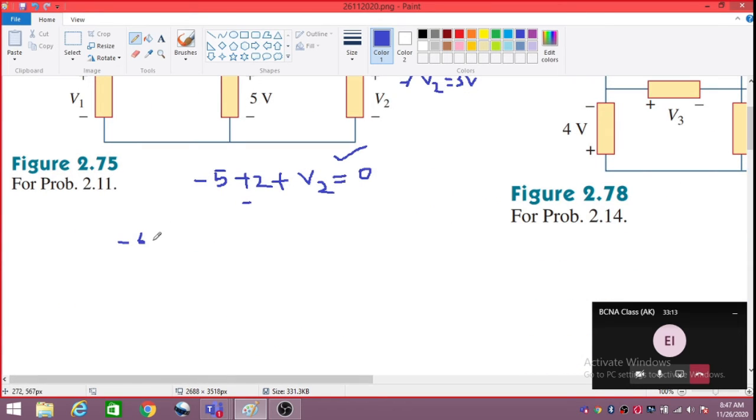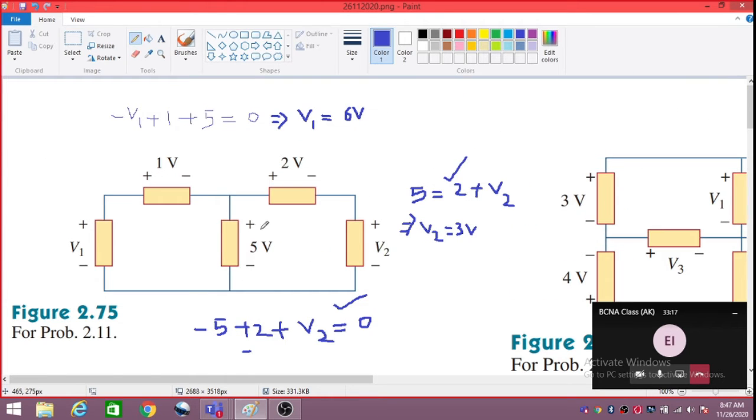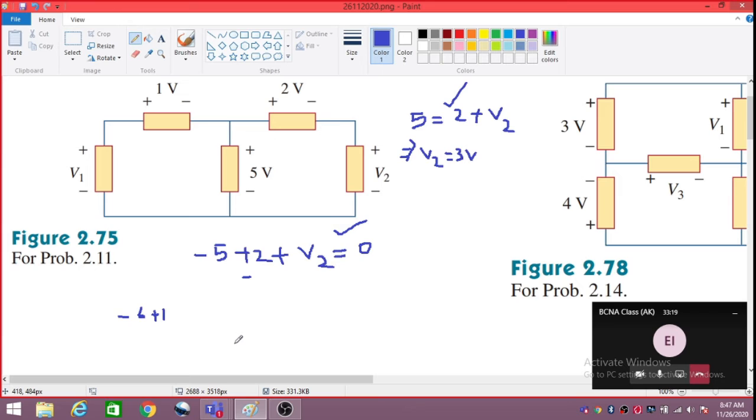Writing KVL: minus 6 plus 5 plus 1 plus 2 plus V2, and V2 was 3. Is it equal to 0?